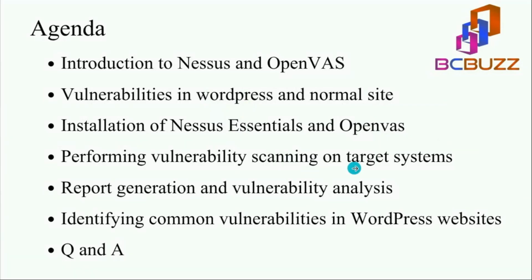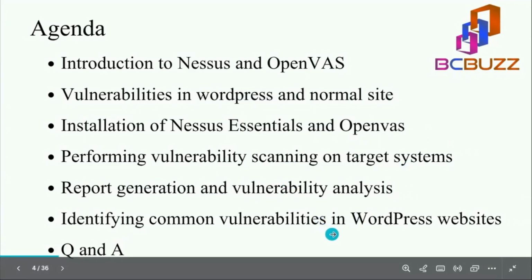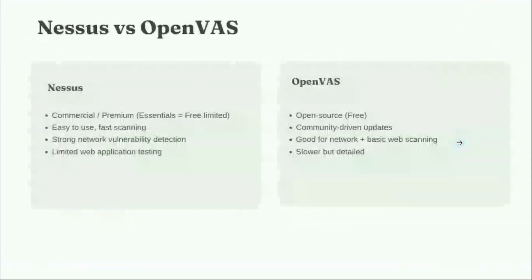After completing the scanning, the report generation by the tool, analyzing the vulnerabilities, identifying the common vulnerabilities in the WordPress site, and finally the Q&A session. So let's dive into our session, Nessus and OpenVAS.